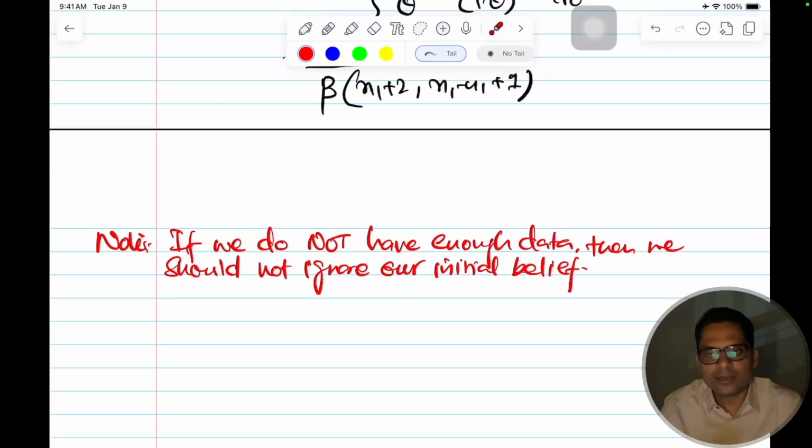But if we have enough data, then the initial belief will automatically be ruled out, and we will come to a good estimate from the data.